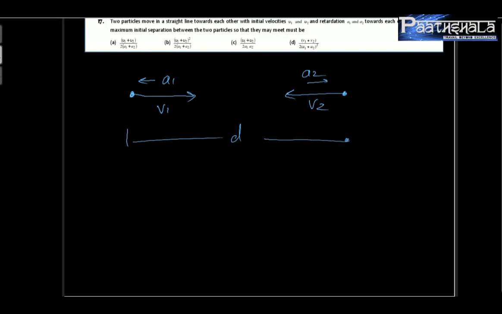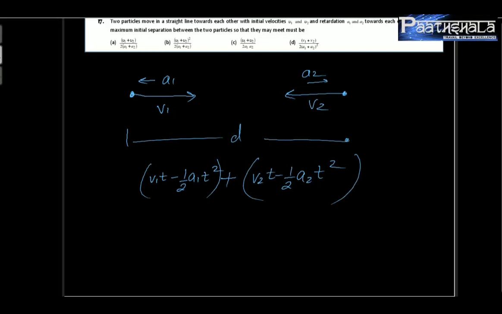Okay, so V1 into t minus half A1 into t square, look here, this is an easy question to solve. So this is the distance traveled by the first particle plus V2 into t minus half A2 into t square. Why minus sign? Minus sign is because they are retarding, that's why A2 has negative direction.